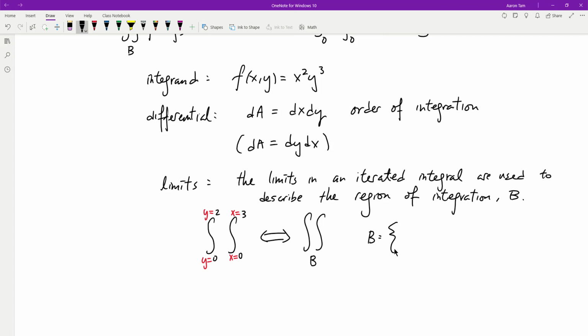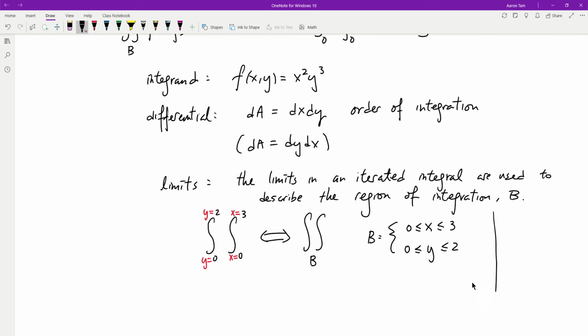The inside integral tells me that region B must be between x equal to 0 and x equal to 3, defined by this double inequality, x between 0 and 3. And then the outside integral indicates that y must be between 0 and 2.